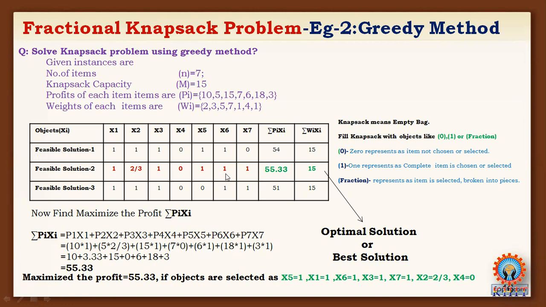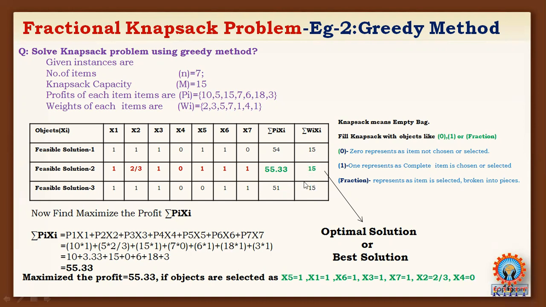And this is feasible solution 2. This is feasible solution 3. All these solutions are considered feasible solutions. Why? Because all three solutions satisfy the condition that the total weight of all the objects is less than or equal to the capacity of the knapsack, 50.